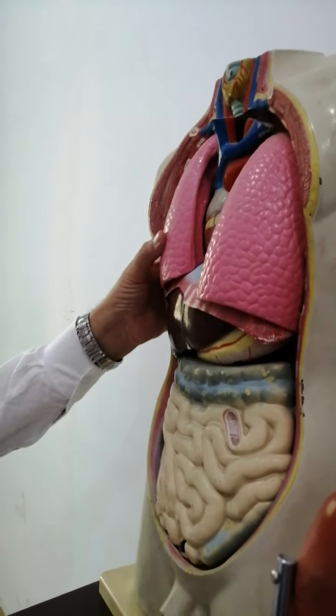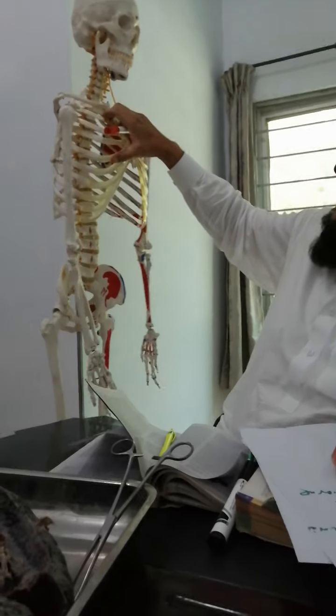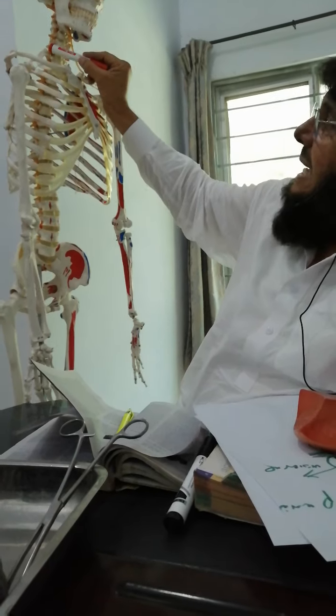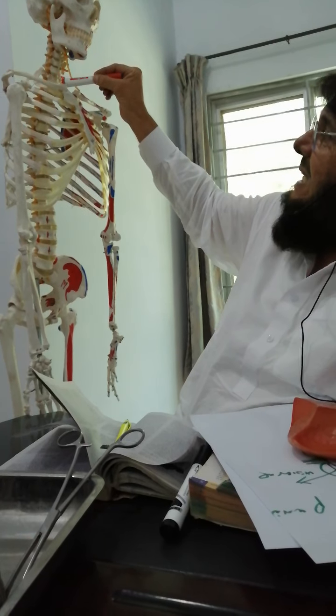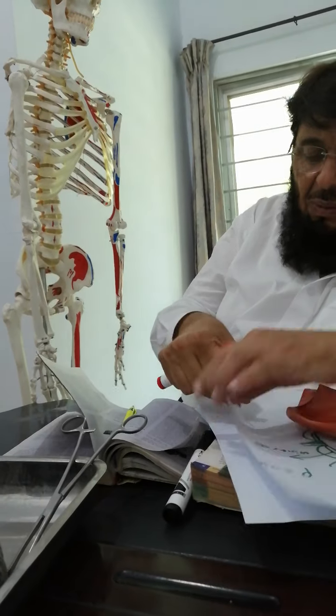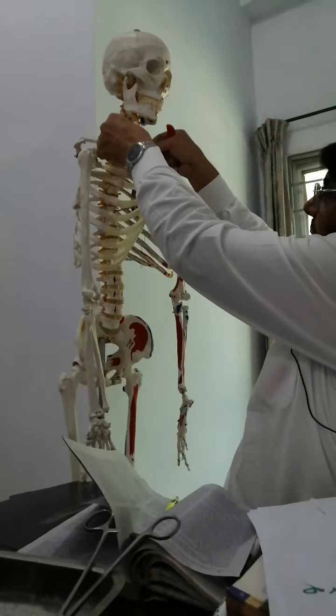The suprapleural membrane, you know, look, originates from the transverse process of the seventh cervical vertebra, and then this membrane gets attached to the inner border of the first rib. Over here is this suprapleural membrane, like that.